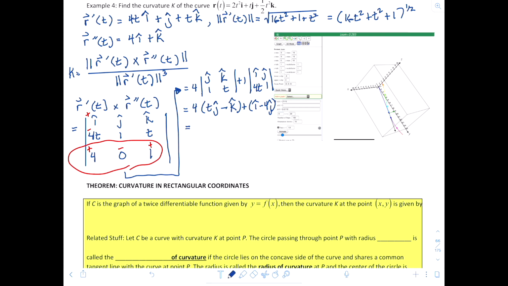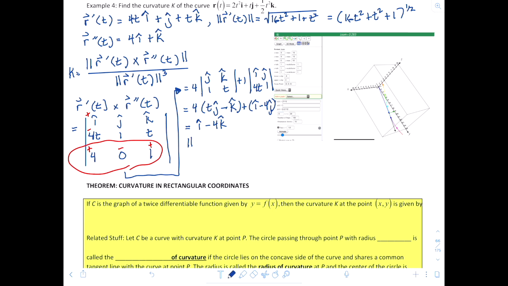And so that's going to give us, let's see, it looks like our j's are going to zero out, and so we'll end up with 1i minus 4k.